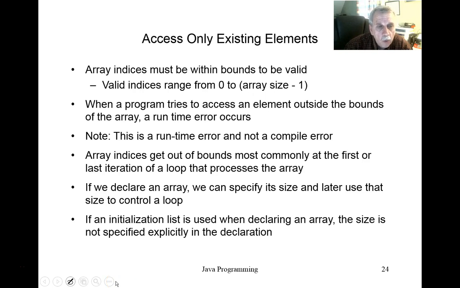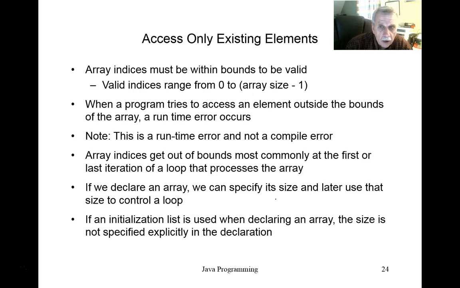The array off by 1 application presented some of the problems that occur if we don't give attention to staying within the bounds of the array subscript. So how do we know what that size is? When we declare an array, we can specify its size and later use that size to control the loop processing so that we access each one of the elements, don't miss any, but don't go beyond the bounds of the array.